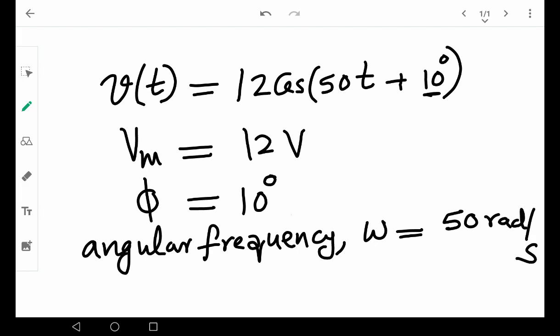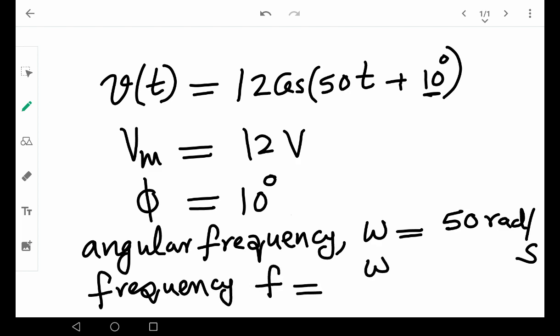That is the angular frequency, right? Now, what about the period? What about the frequency? The frequency f equal to omega divided by 2 pi. That is 50 divided by 2 pi, isn't it?